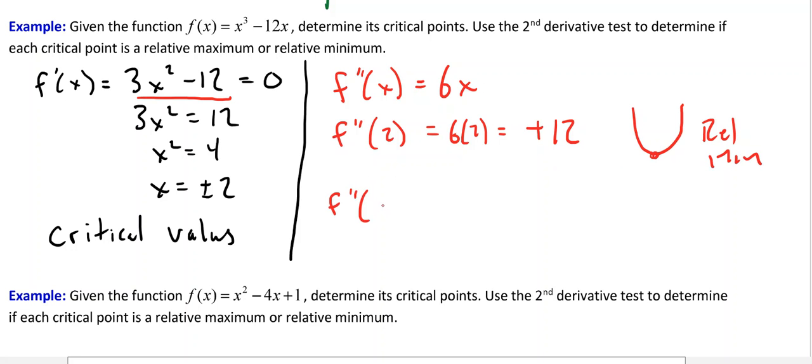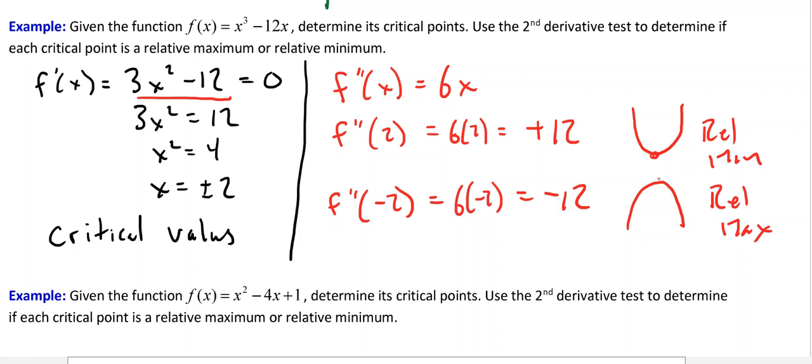The second derivative evaluated at negative 2 is 6 times negative 2, which is negative 12, which is concave down, which means we have a relative maximum at negative 2. So we have a relative min at x equals 2, and we have a relative max at x equals negative 2.